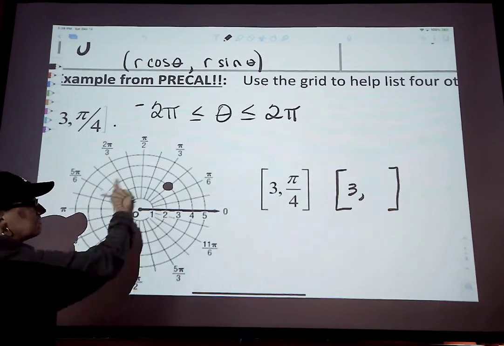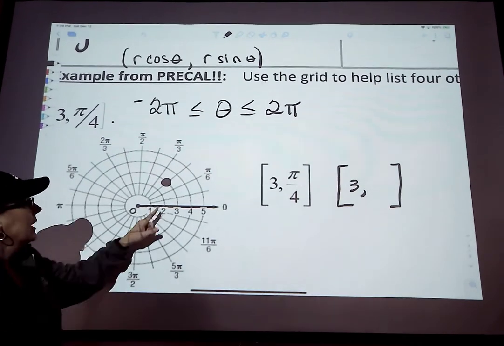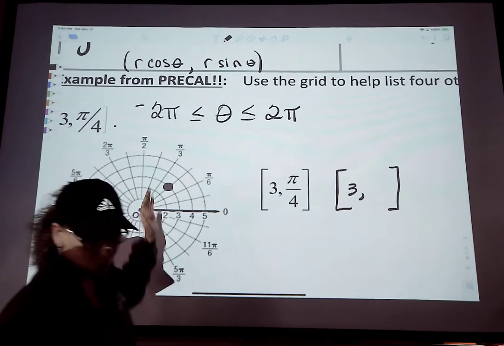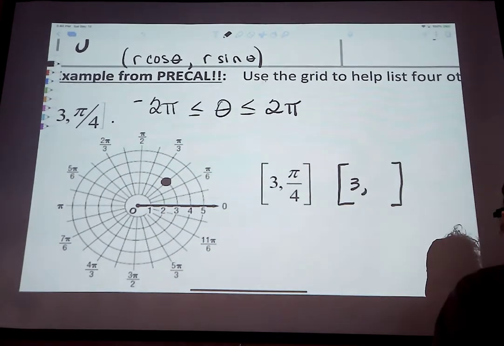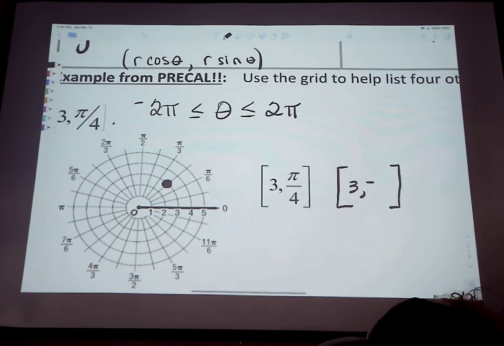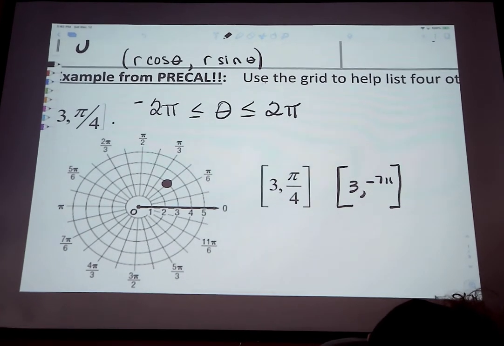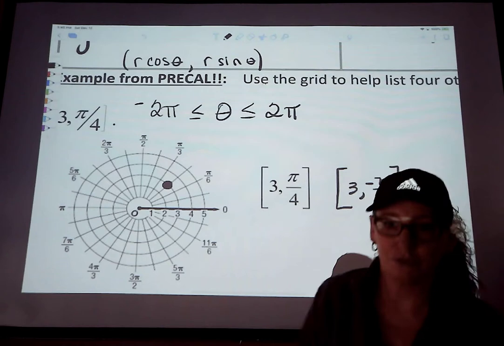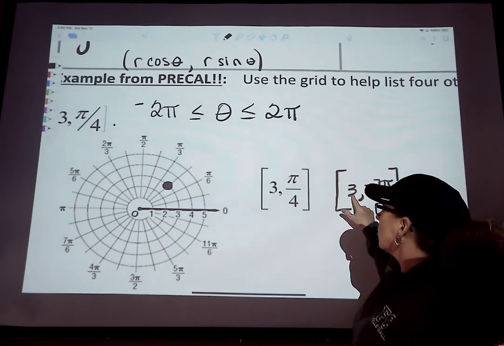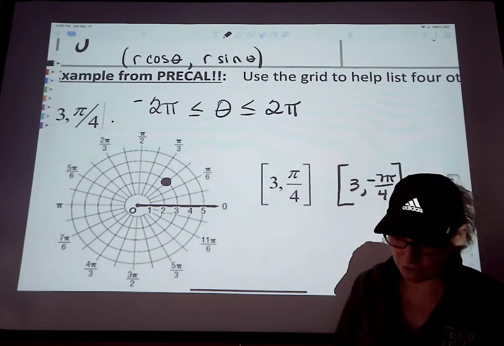Well, you know that 1 complete revolution is 2 pi, and this reference angle right here is pi over 4. So that would be a negative angle of 7 pi over 4. Okay? Positive r, negative angle of rotation.